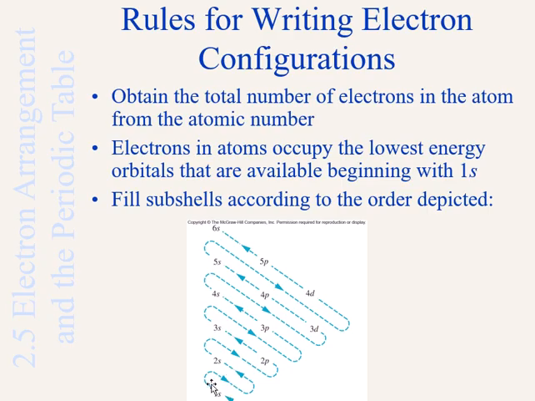So 1s is filled first, followed by 2s, followed by 2p, followed by 3s, followed by 3p, followed by, you may have thought 3d, but here is the exception, 4s, followed by 3d, then 4p, then 5s, then 4d, then 5p, then 6s. By the time we reach 6s, we are almost at the end of the periodic table, and will not be considering any atoms beyond that, because we will have assigned most of the electrons.